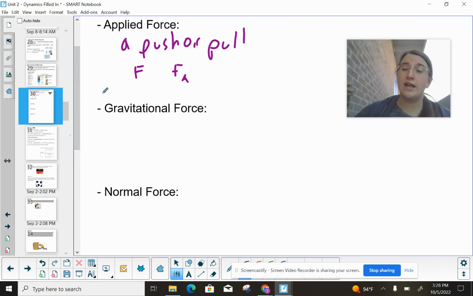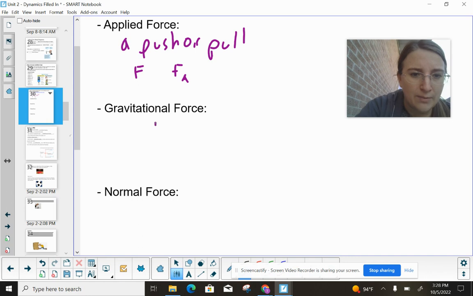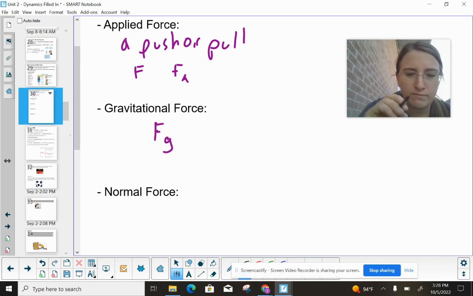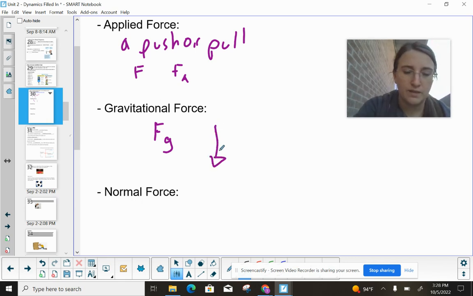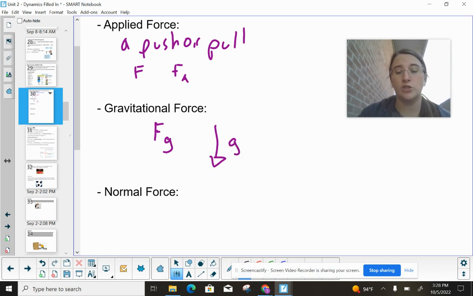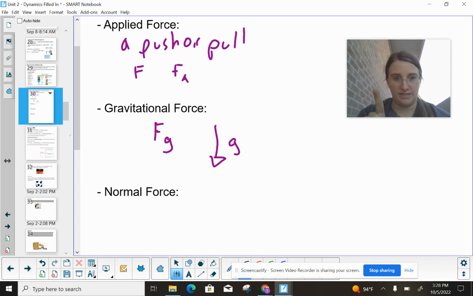Gravitational force is special, right? Because we don't see it, but it just acts on us. So gravitational force we label as Fg, and we know it always pulls downwards. Now, you have to be careful though. This is the acceleration due to gravity. When we say gravity is 10, that's not the force of gravity.